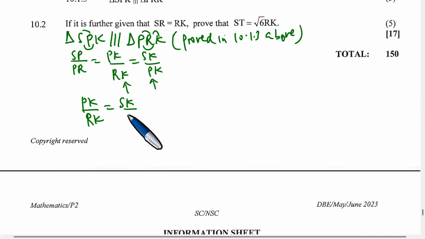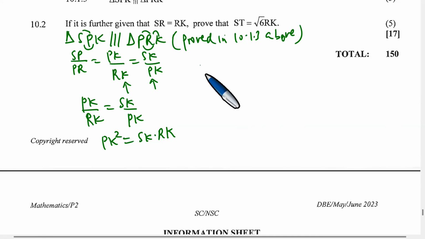You have this one, PK, and then now you can cross multiply these. PK times PK gives us PK squared is equal to SK times RK.